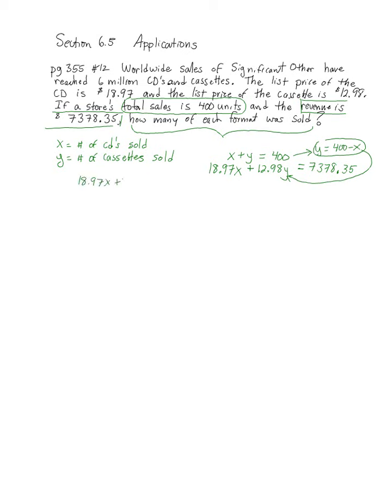18.97X plus 12.98 times 400 minus X equals 7378.35. Lots of decimals. Decimals don't scare me, though, because I have a calculator. My calculator is very good with decimals. 12.98 times 400 is 5192 minus 12.98X equals 7378.35.